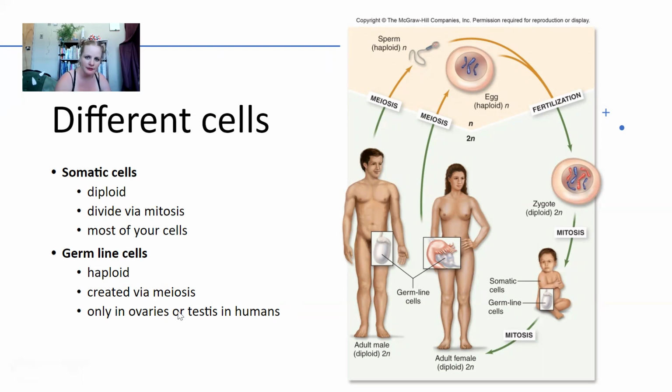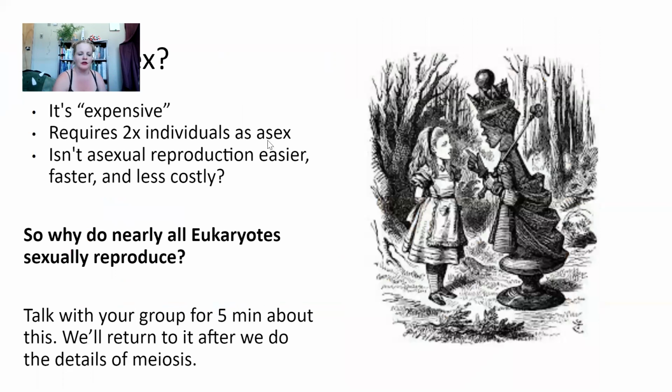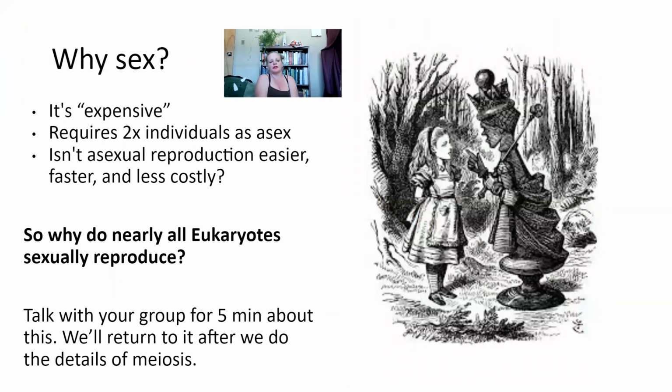Okay. So I want you to think a bit about why we see sexual reproduction. It's expensive. With asexual reproduction, you only need one individual to reproduce, but for sexual reproduction, you need two.